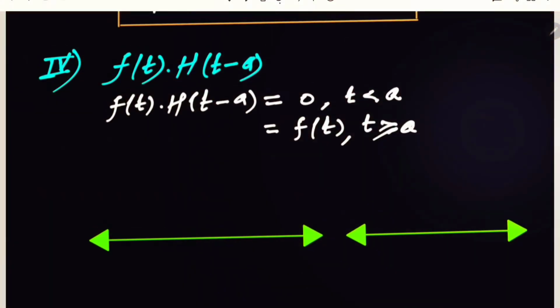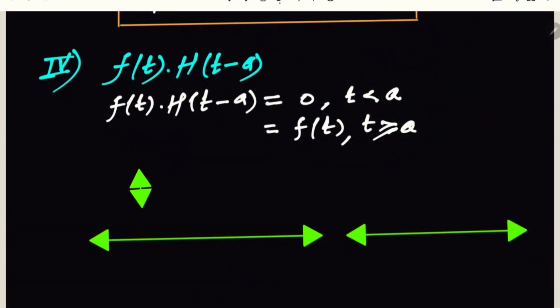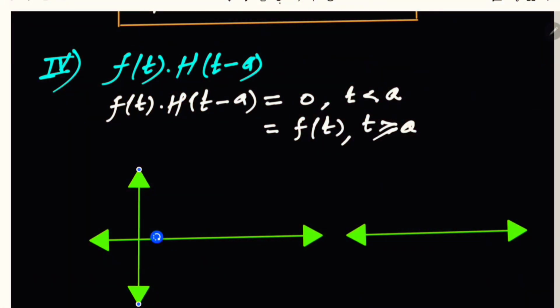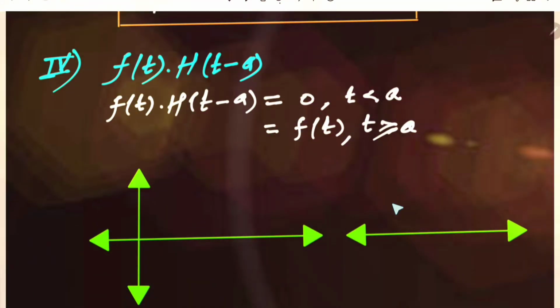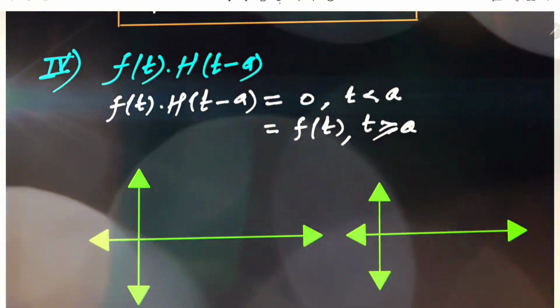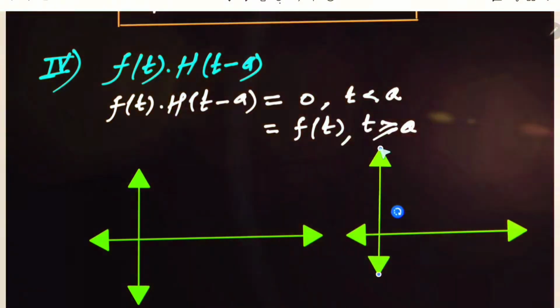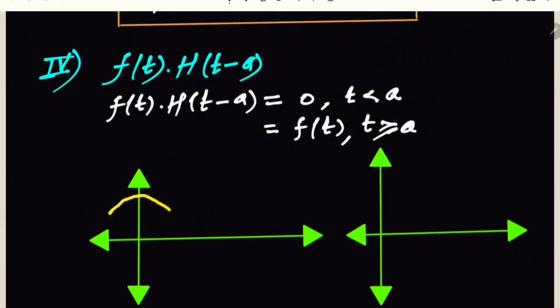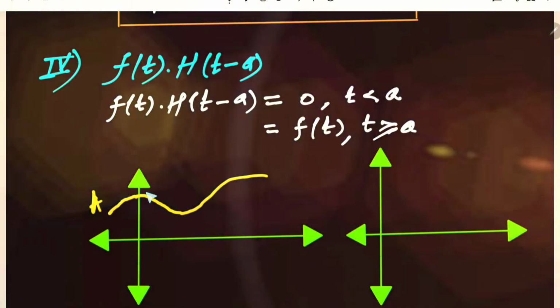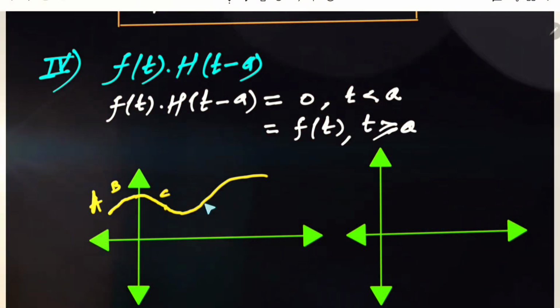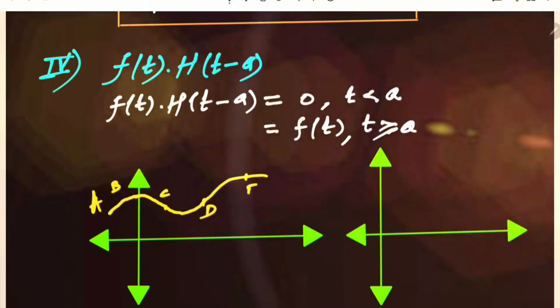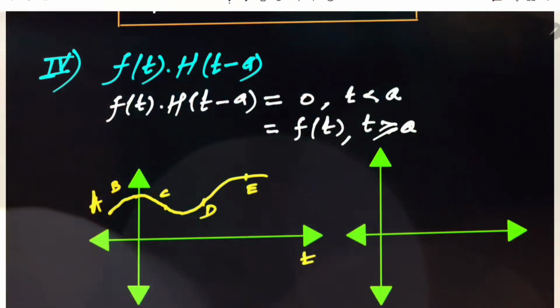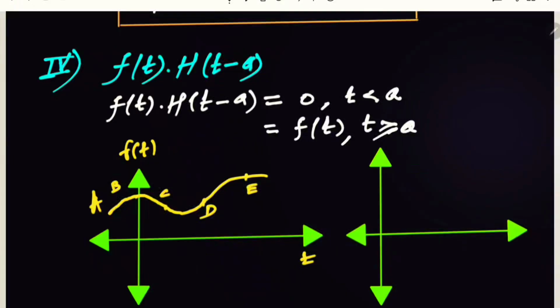And the same we can represent in terms of a figure. Again, first figure same as I have discussed in the earlier case, a continuous function f of t, and second figure representing a displaced unit step function h of t minus a. Therefore, this one is that continuous function f of t between points A, B, C, D and E, and the corresponding values for C and D are a and b on t axis.